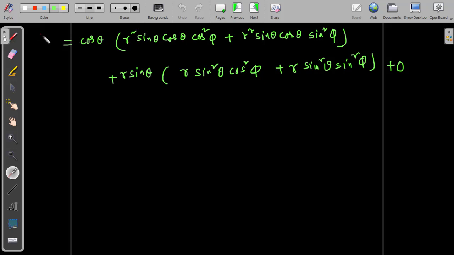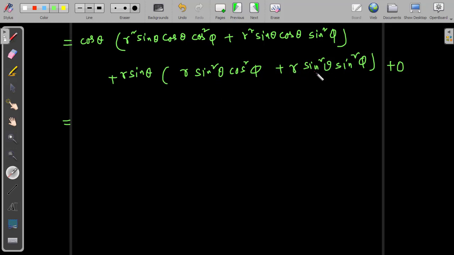So the next step will become cosine theta. If you look here, r square sine theta cosine phi, again r square sine theta cosine phi. This total term is the same, so take it out as common. Similarly in this bracket, r square sine square theta is the same term.